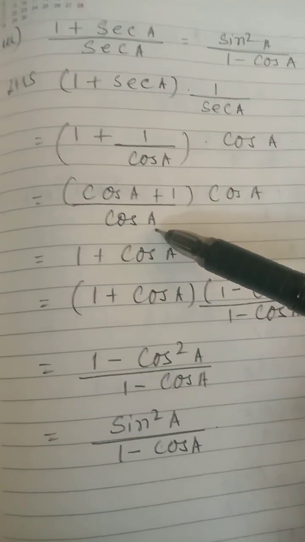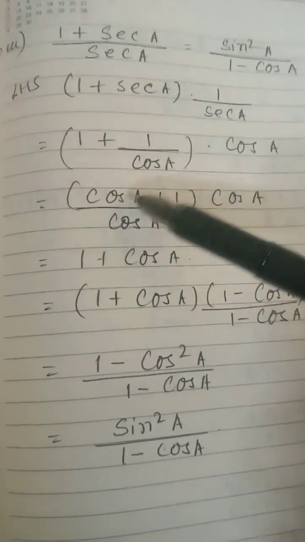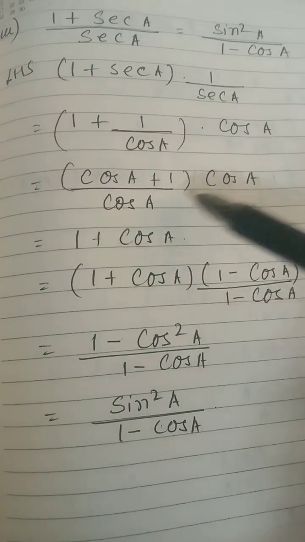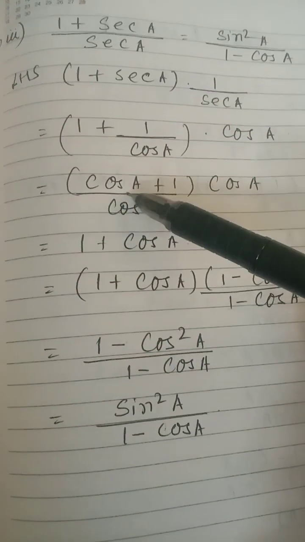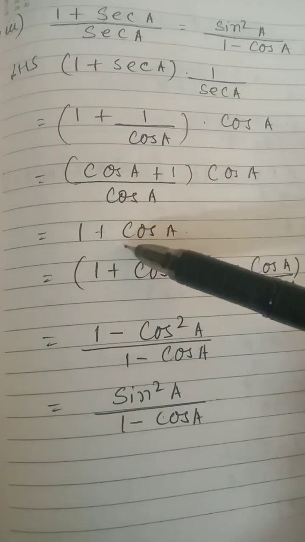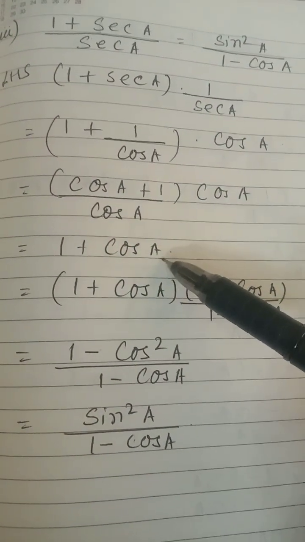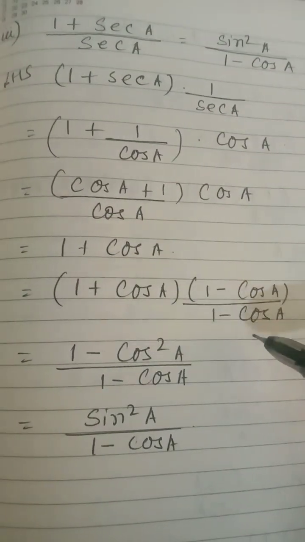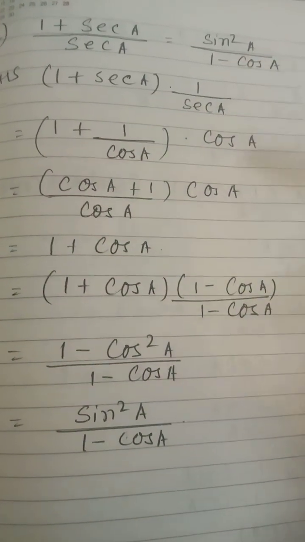Now again take cos A LCM. So cos A into 1, it's cos A plus 1 by cos A. Now this cos A and this cos A will be cancelled. So it remains cos A plus 1, or we can say 1 plus cos A. Now what we will do, we'll multiply with the opposite sign, because denominator 1 minus cos A is here.